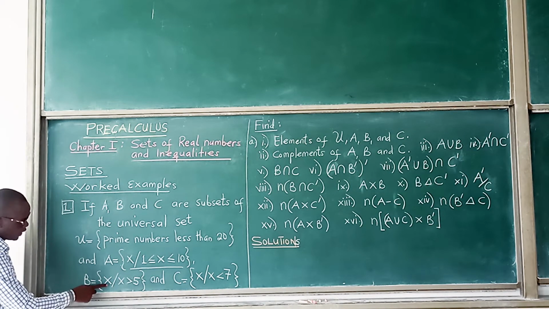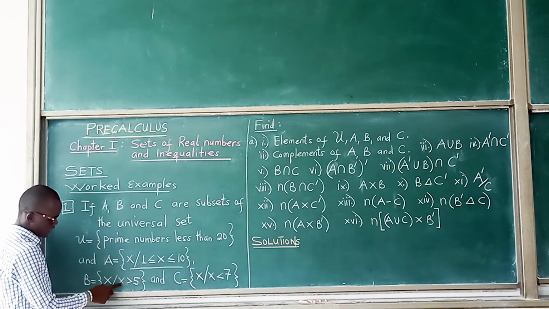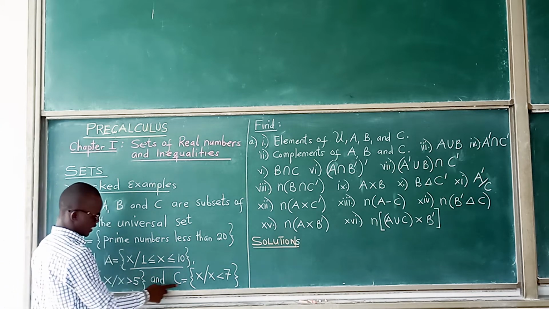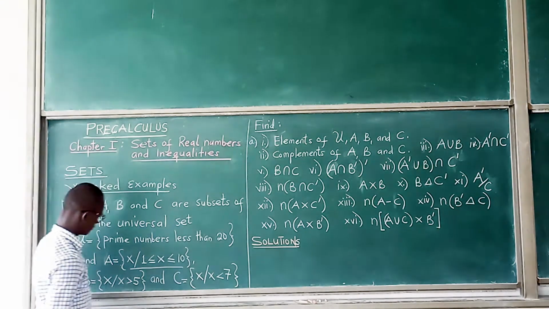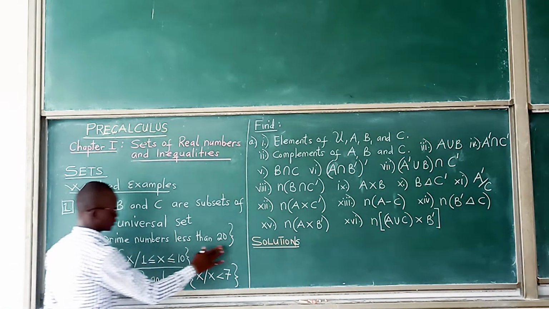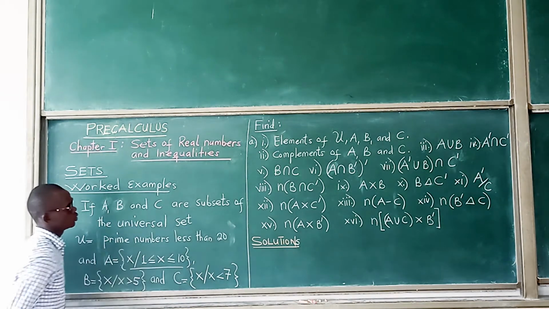And B is all x such that x is greater than 5, and then C is all x such that x is less than 7.